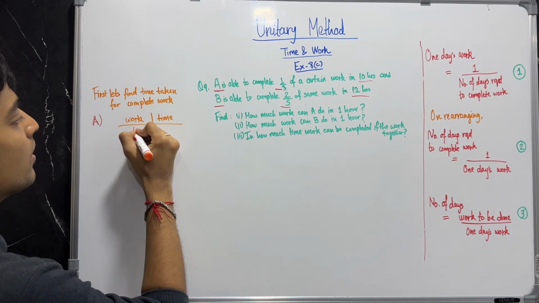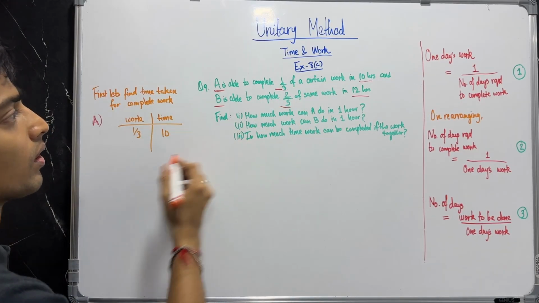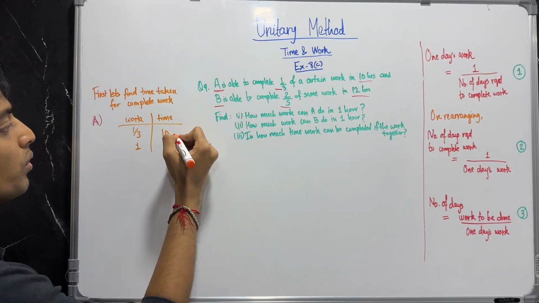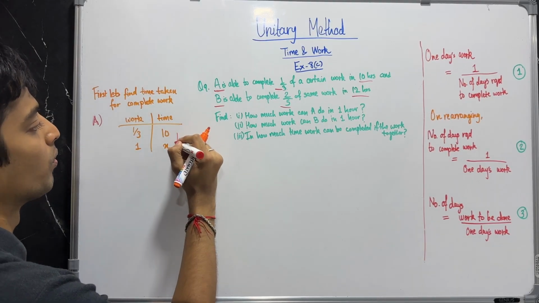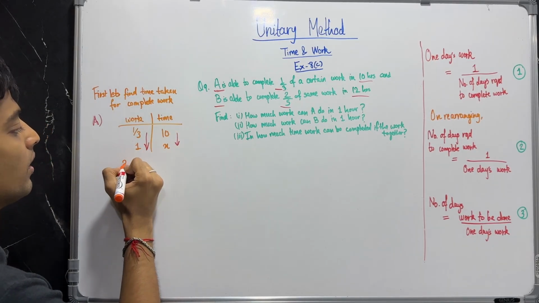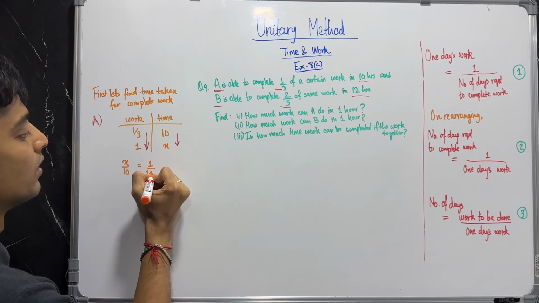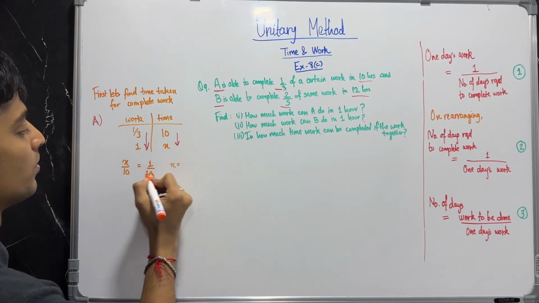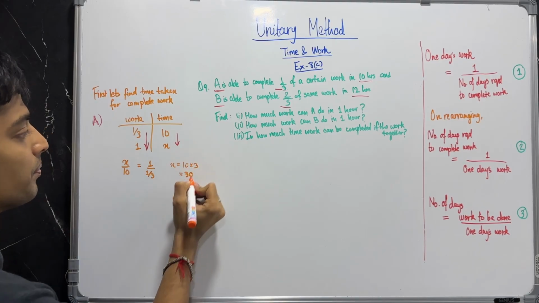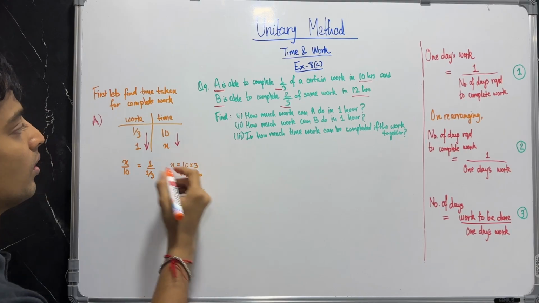Work is 1/3, time is 10. Now complete work means 1 and time is x. So we write a downward arrow here, downward arrow here. We will get x upon 10 equal to 1 upon 1 upon 3. So we get x equal to 10 multiplied by 3, which is 30. So 30 hours it will take for A.